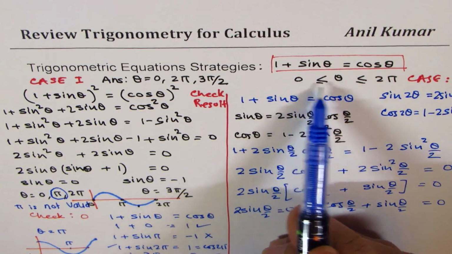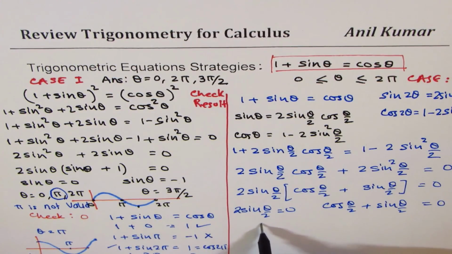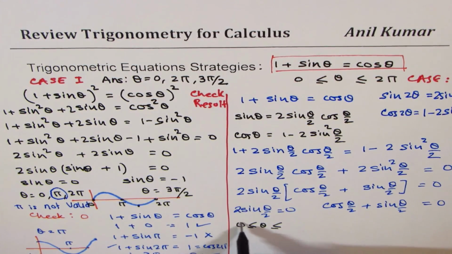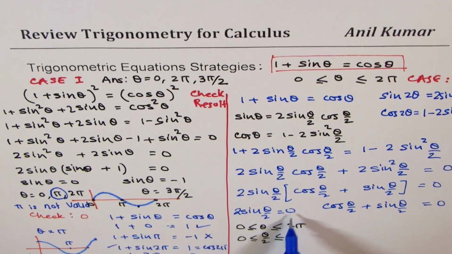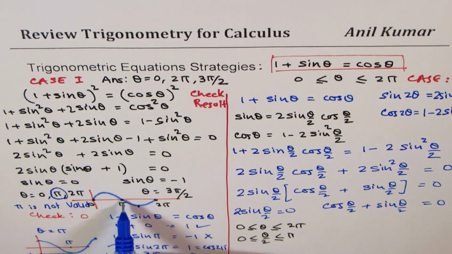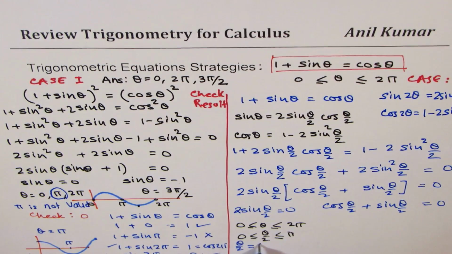Now, as far as the range is concerned, we are working with theta between 0 and 2 pi. So what happens when it is theta by 2? We have to divide this by 2. So we get 0 to pi. Perfect. Now, for sine theta by 2 to be 0, within this interval between 0 and pi, sine is 0 for theta by 2 equals 0, or theta by 2 equals pi.